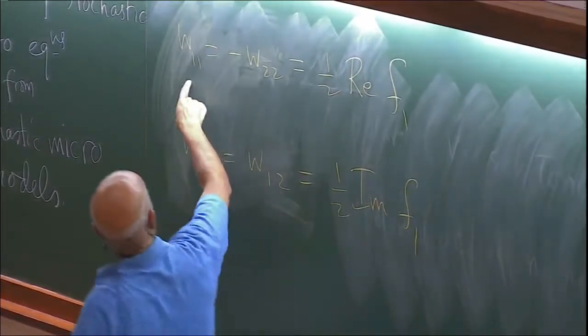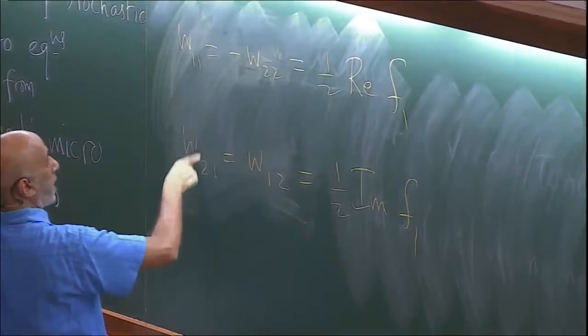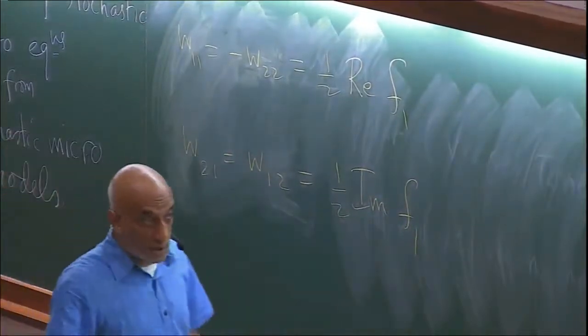Let me define a matrix with components W11, W12, W21, and W22, which is just another way of writing the nematic order parameter matrix that I talked about earlier.